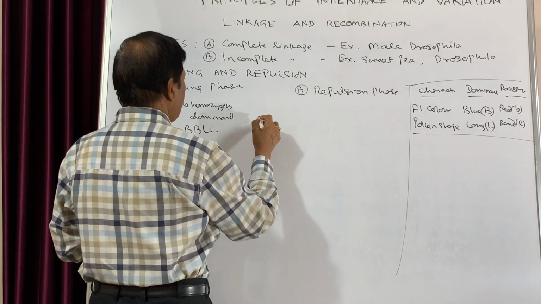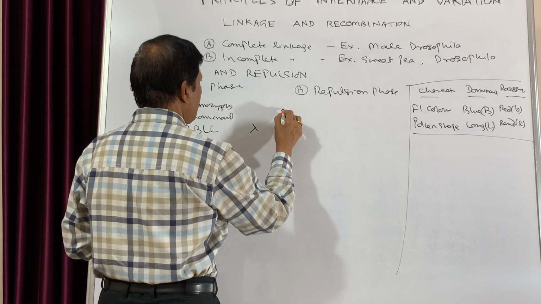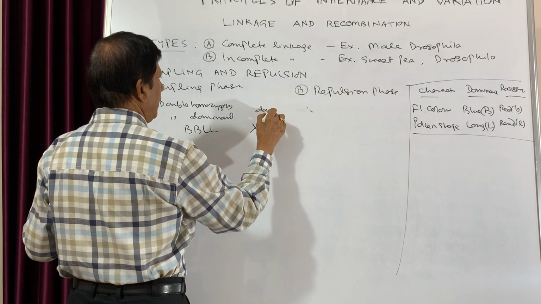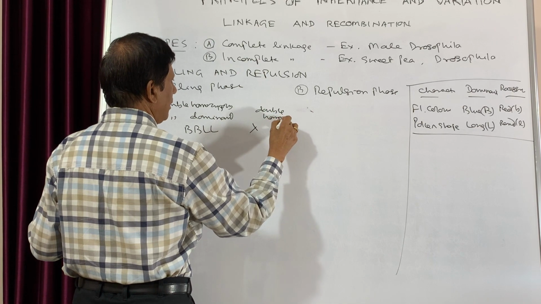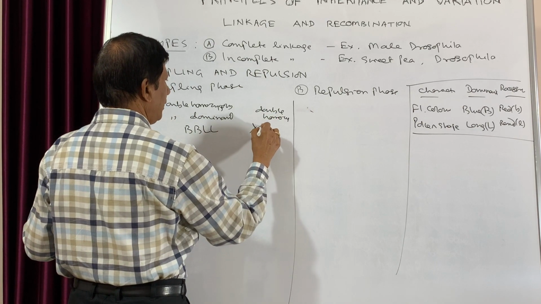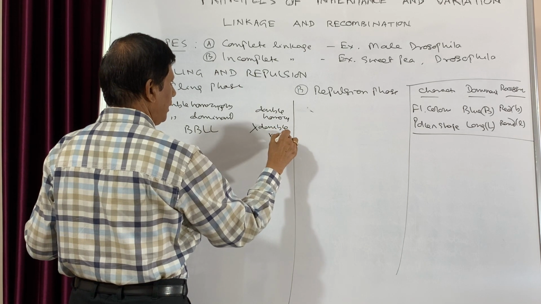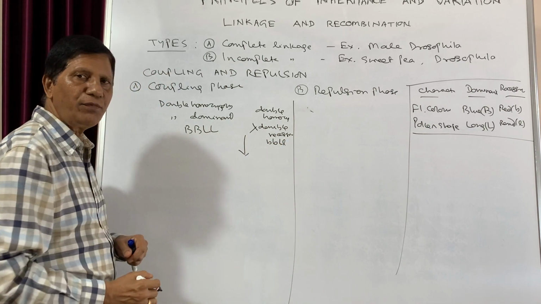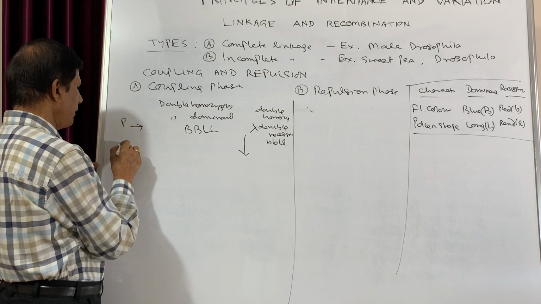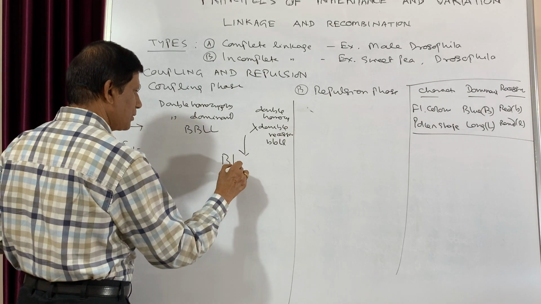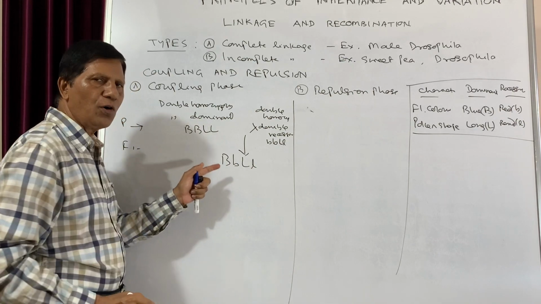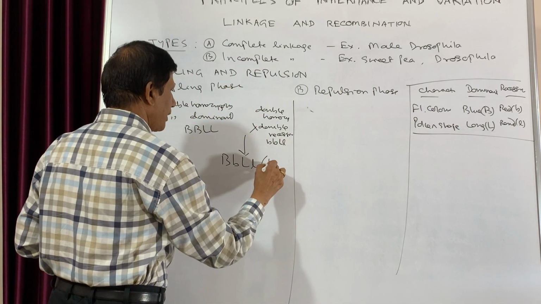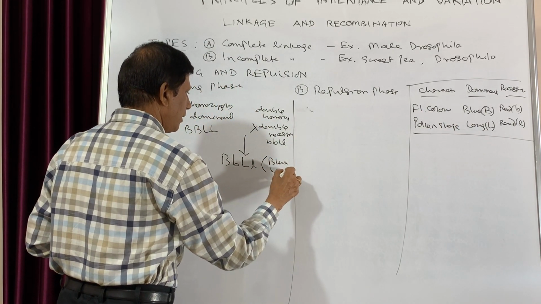It is crossed with a double homozygous, double recessive, that is small b, small b, small l, small l. So what will be the F1 hybrid? The F1 hybrid will be capital B, small b, capital L, small l. That means all the F1 hybrids will be blue and long.